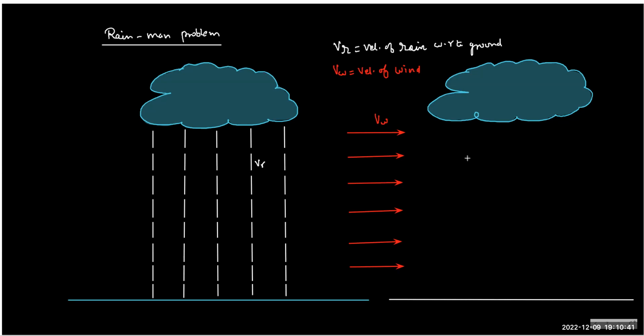will it flow vertically downward or at some angle? What do you think? At an angle. So will it flow like this, or like this? Second one. Something like this, right?